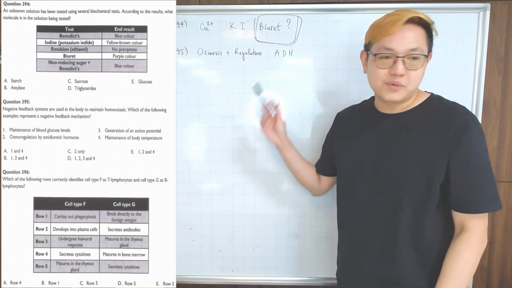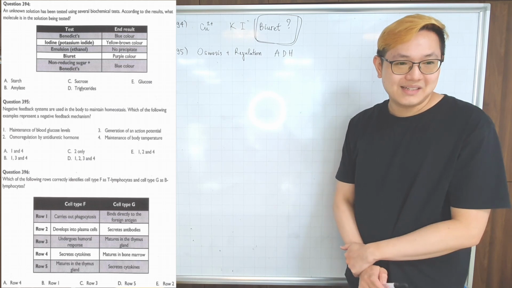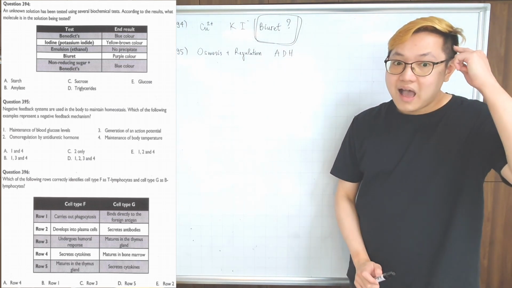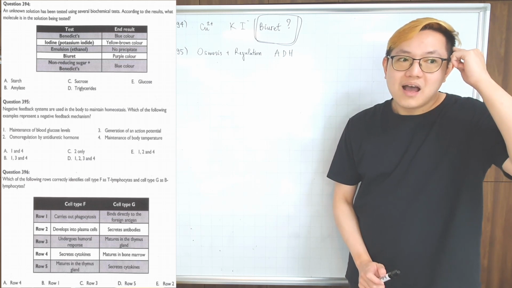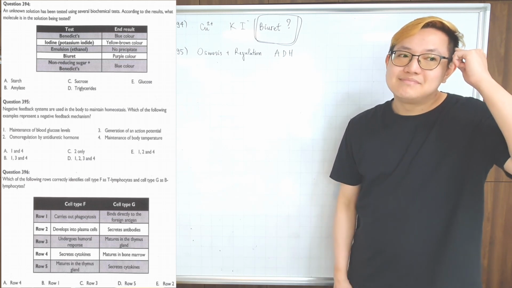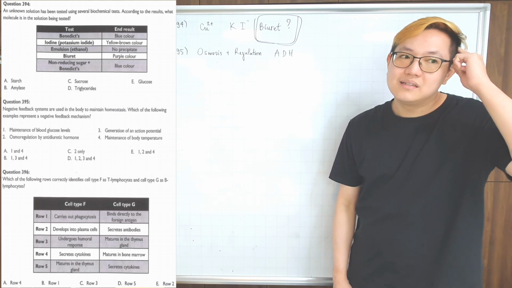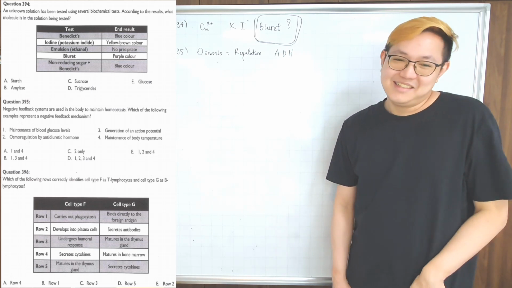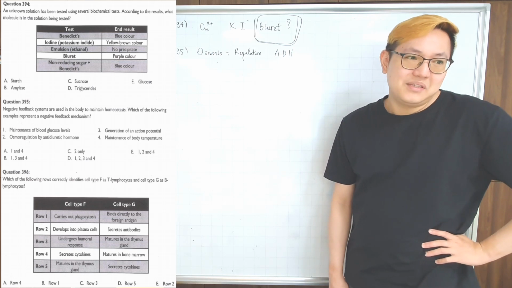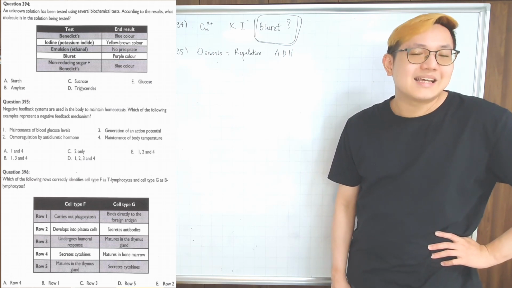Remember where ADH is produced? Tuyến nào sản sinh ra ADH? Tuyến giáp nằm đây. Tuyến gì? Tuyến gì bên trên tuyến yên? Tuyến dưới đồi. Hypothalamus.